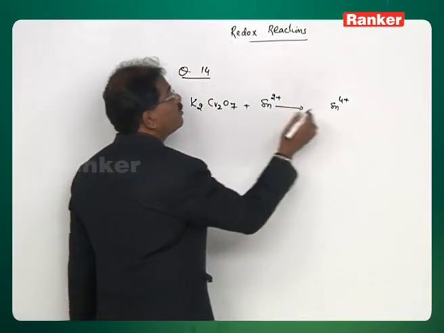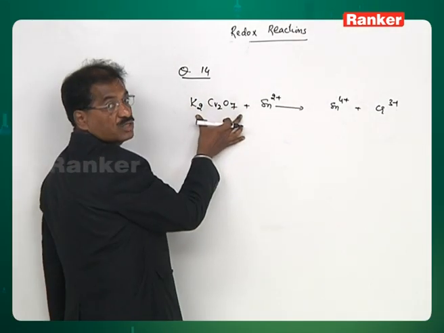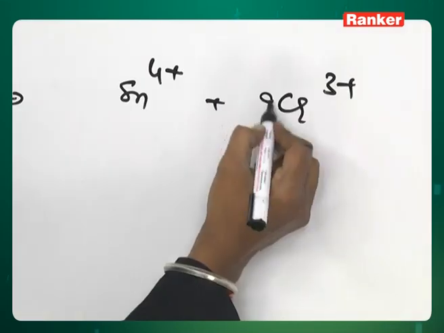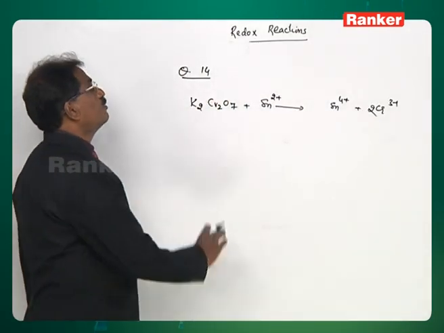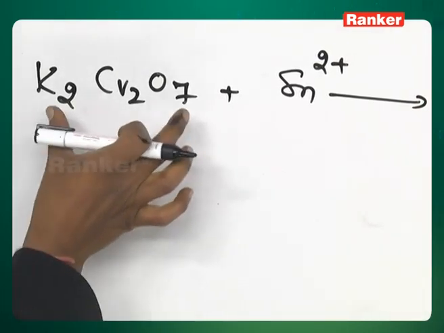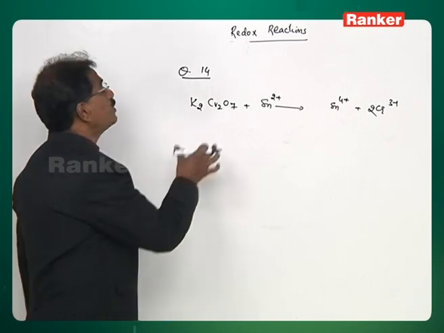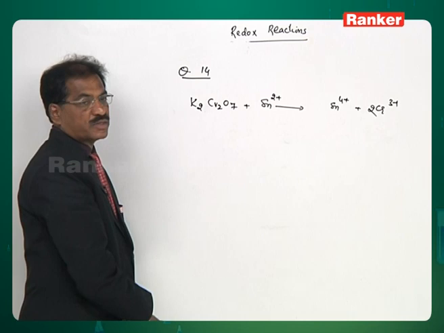Here, each chromium will be converted into +3 oxidation state. If you take 2 moles of chromium, 2 moles of chromic ions will be produced. So how many moles of K2Cr2O7 can be reduced by this 1 mole of Sn2+?